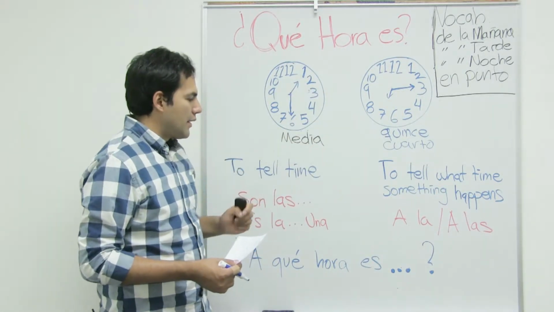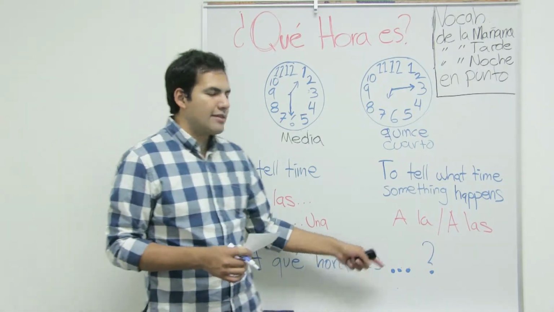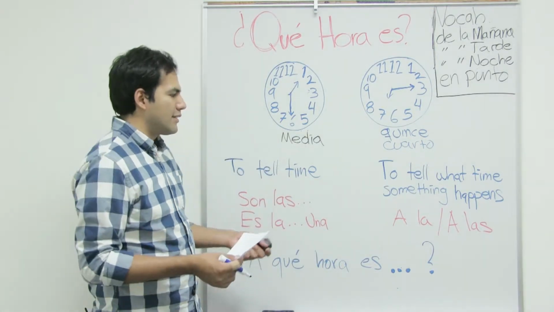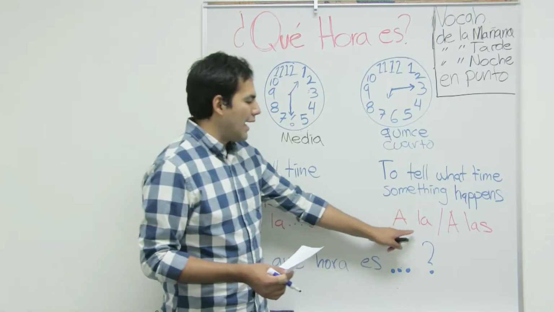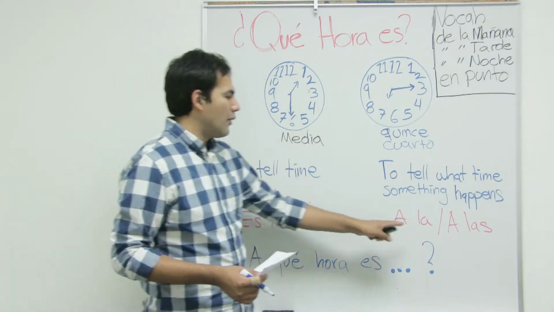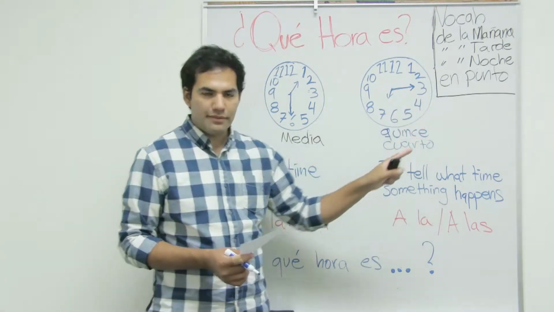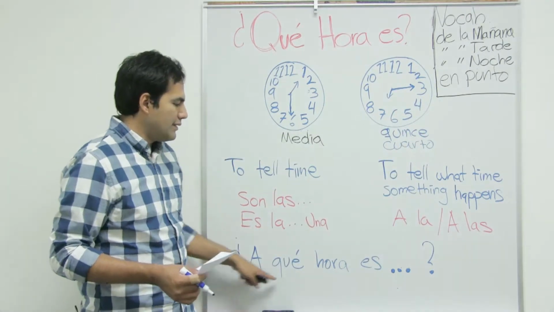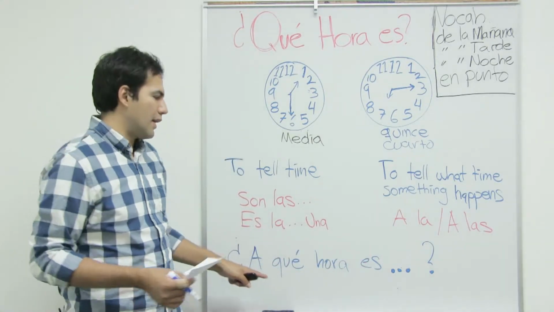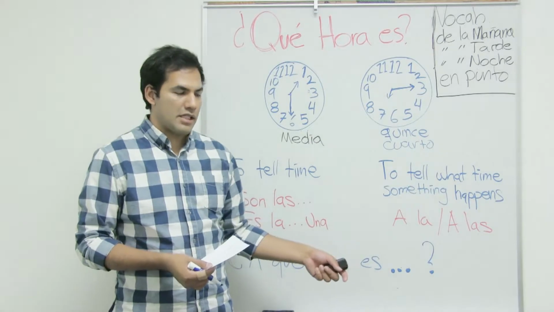Okay? So if I ask you, coming back to the question, ¿a qué hora es tu clase de español? So we can respond, a la 1:30, or a las 7:15. Okay? So this is the question that you're always going to ask when talking about time, and this is the way you respond to tell the time about an event.